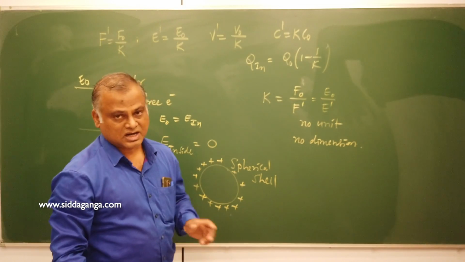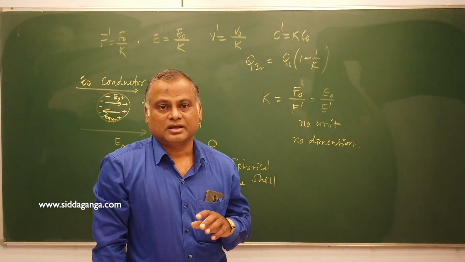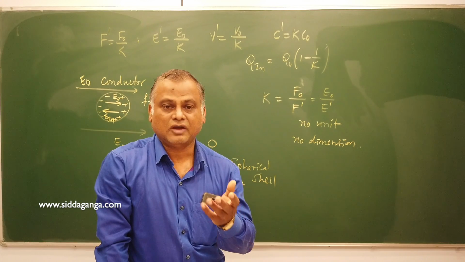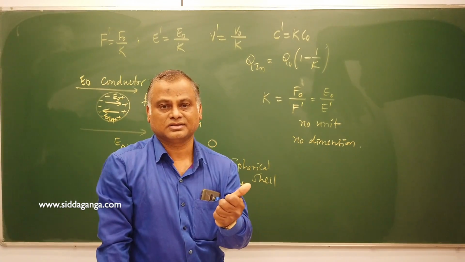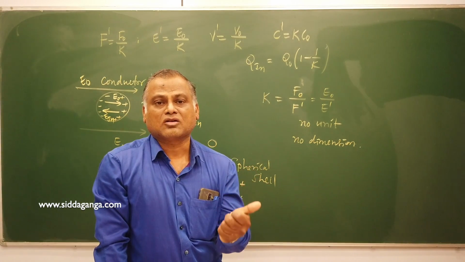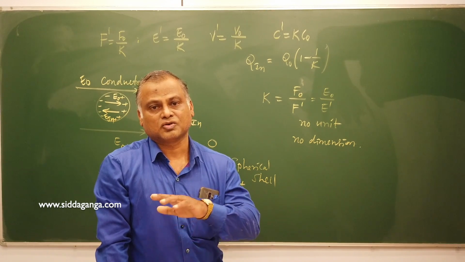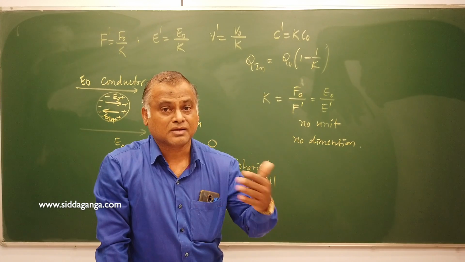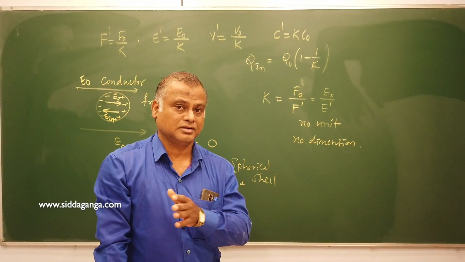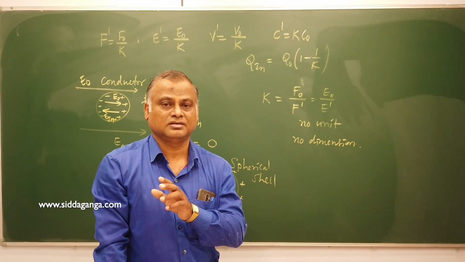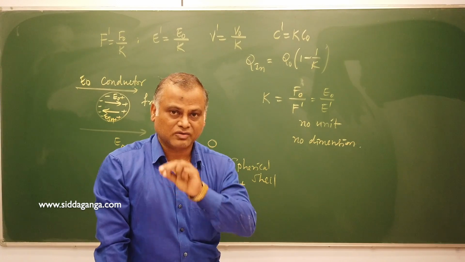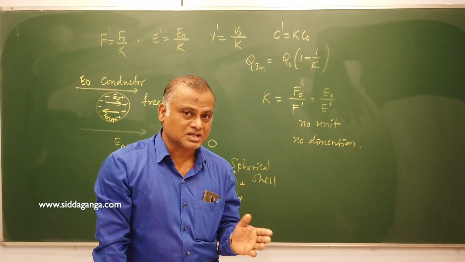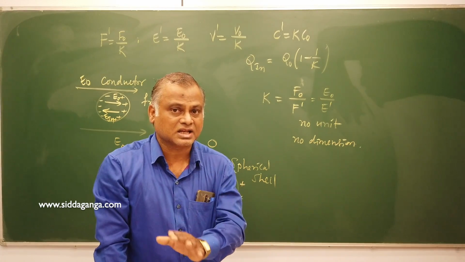If you observe, a conductor is electrically neutral. You have electrons and protons. Electrons are negatively charged, protons are positively charged. They are equal in number: the atomic number of electrons revolving around the nucleus, and the number of protons present inside the nucleus, are equal.